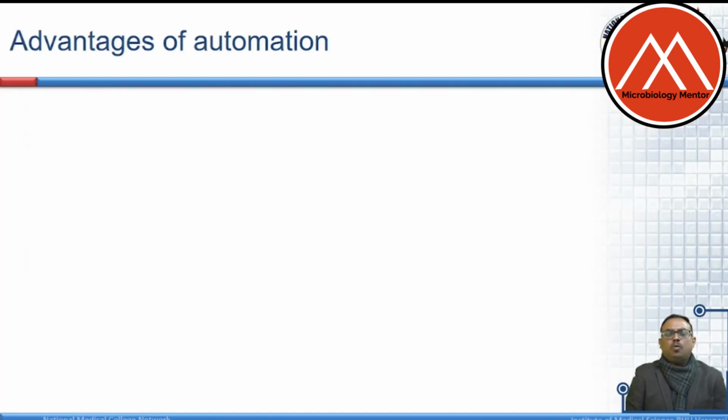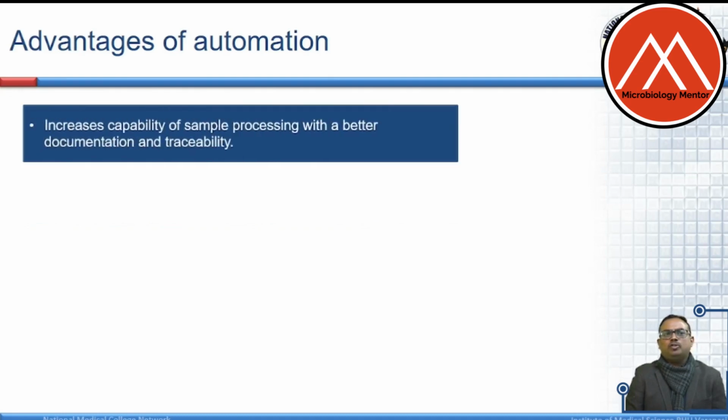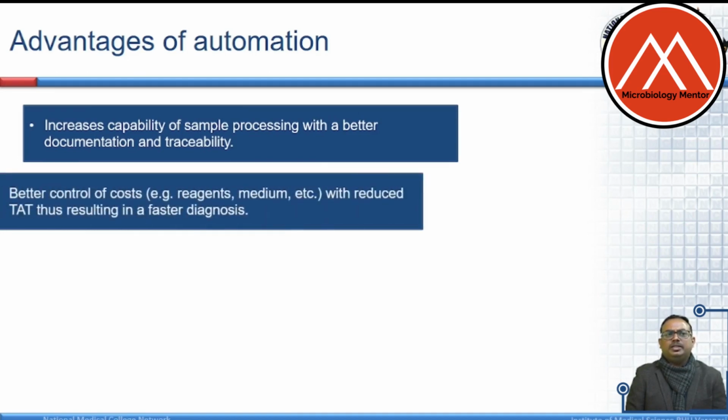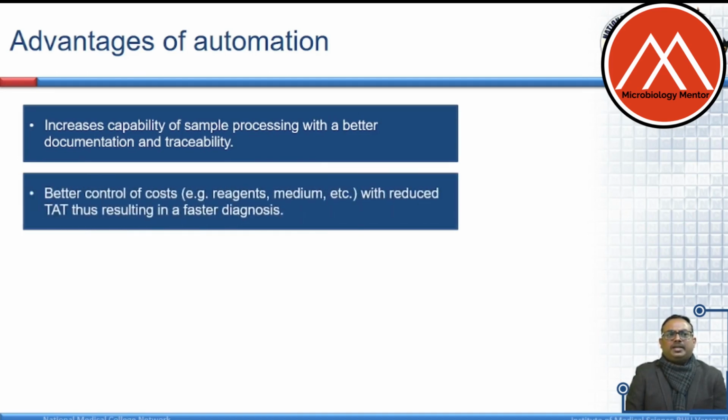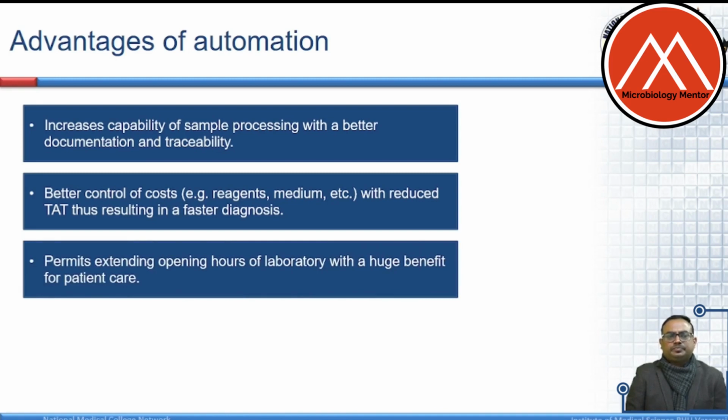Now let's see what will be the potential advantage of the introduction of this automation. There is expected to be an increase in the capacity of sample processing with better documentation and traceability. There will be better control of the cost both in terms of reagents and media with reduced turnaround time, and thus giving a faster diagnosis.